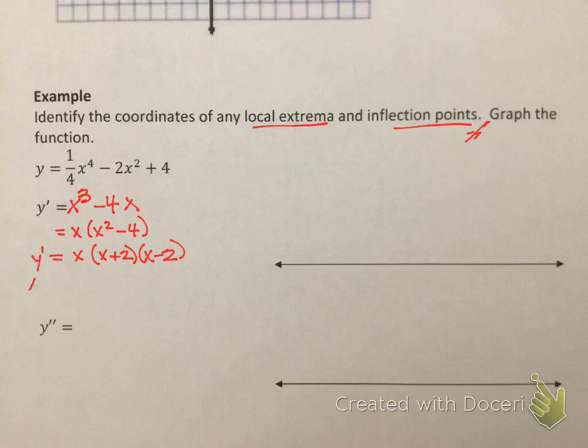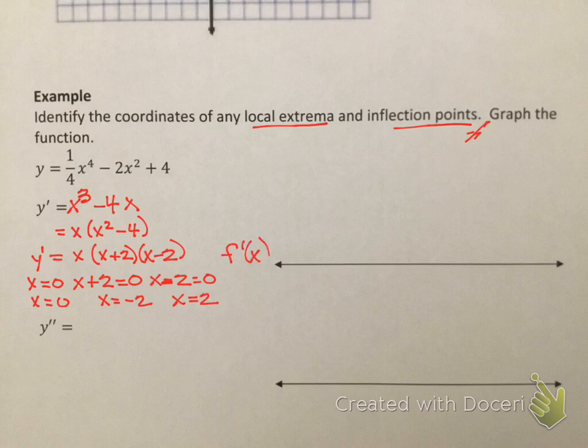Setting each one of these factors equal to 0, I would come up with first order critical points of 0, -2, and +2. I put those on my first derivative number line, -2, 0, and +2.